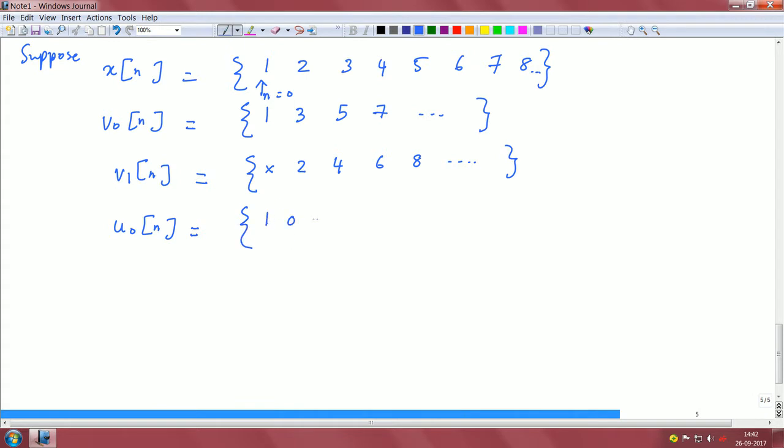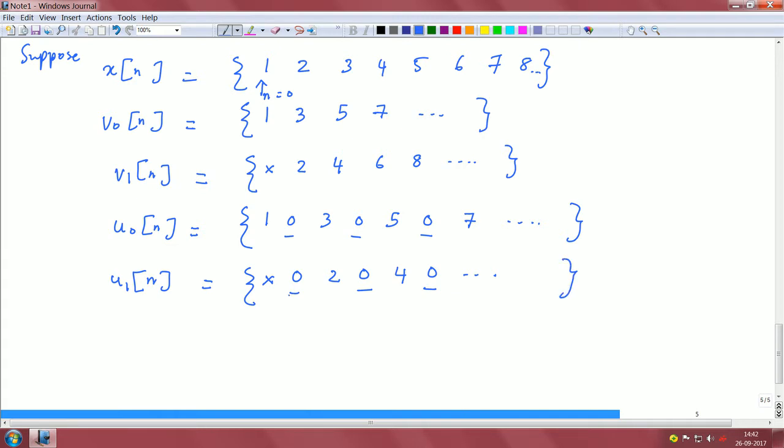So you have 1, 0, 3, 0, 5, 0, 7, these are all insertions. Then u1 of n is basically x, 0, 2, 0, 4, 0, and so on, where these are the insertion points, right. At every even time step I am just inserting these, or odd time step I am inserting these.